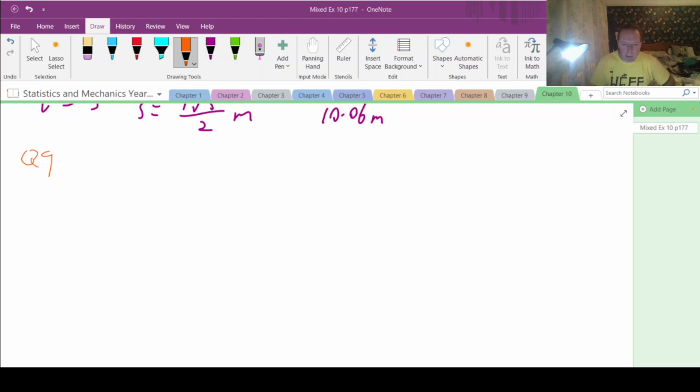Okay, here we are, Stats and Mechanics Year 1, Chapter 10, Question 9. In this question, i and j represent the unit vectors east and north respectively. The forces are 3a i plus 4b j, 5b i plus 2a j, and minus 15i minus 18j.